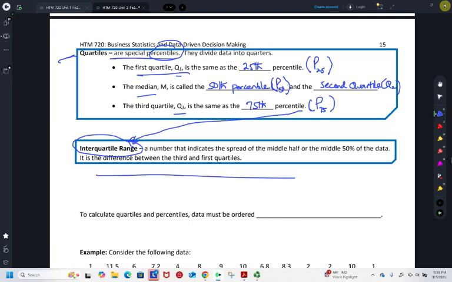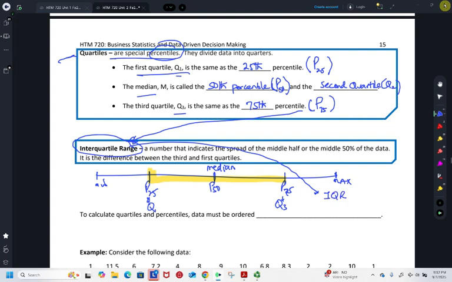So if we have the stretch of the data values, minimum to the maximum, and you have the median in between, also your 50th percentile, and this is your 25th percentile, and this is your 75th percentile. The gap between the 75th and the 25th percentile, or the gap between your Q1 and Q3, that distance is called your interquartile range.